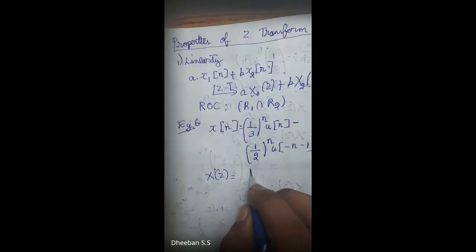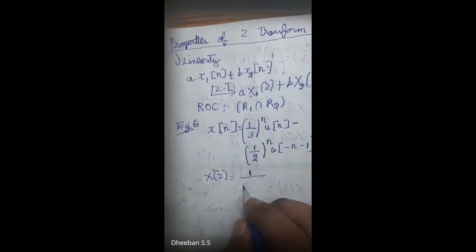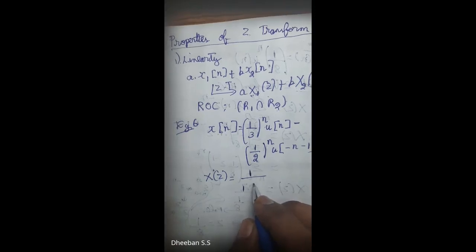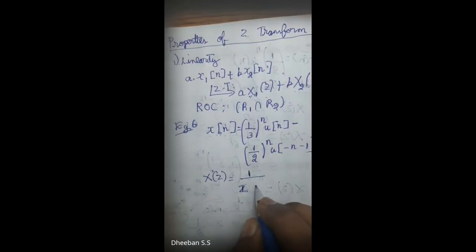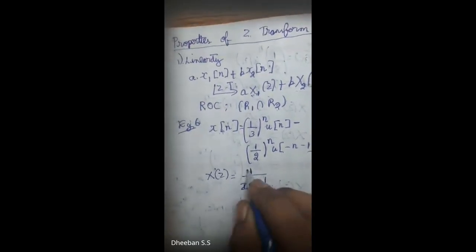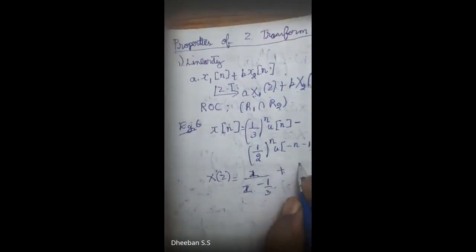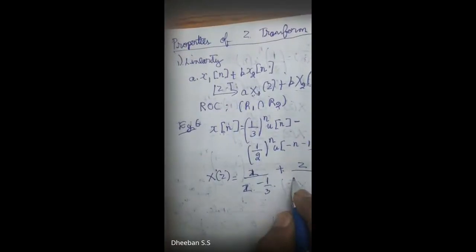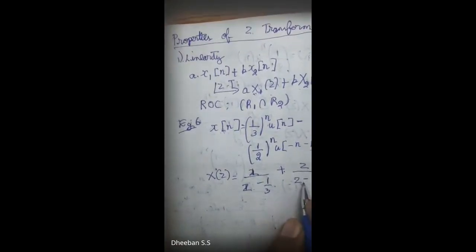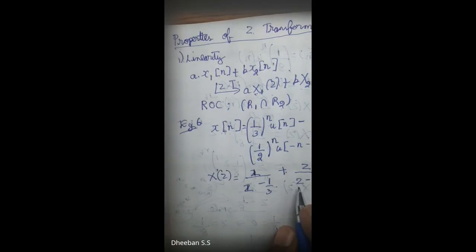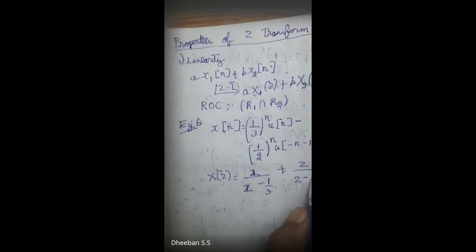You will get the form z by z minus 1 by 3 plus z by z minus 1 by 2.